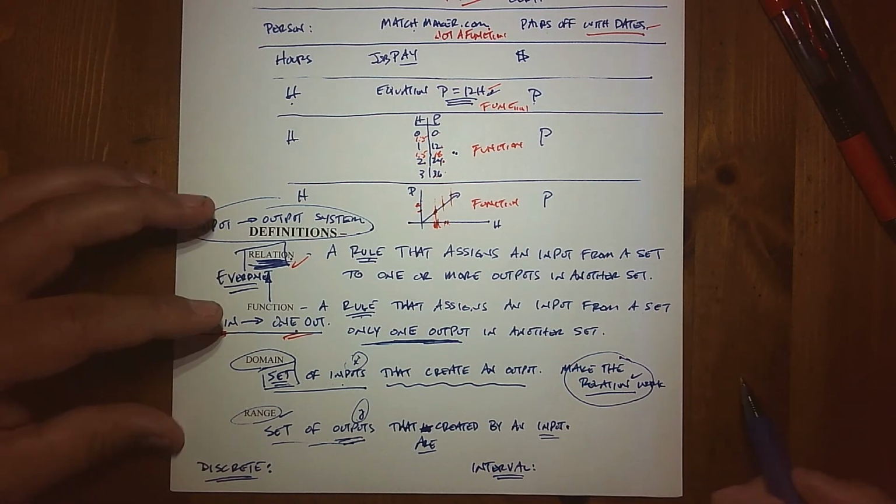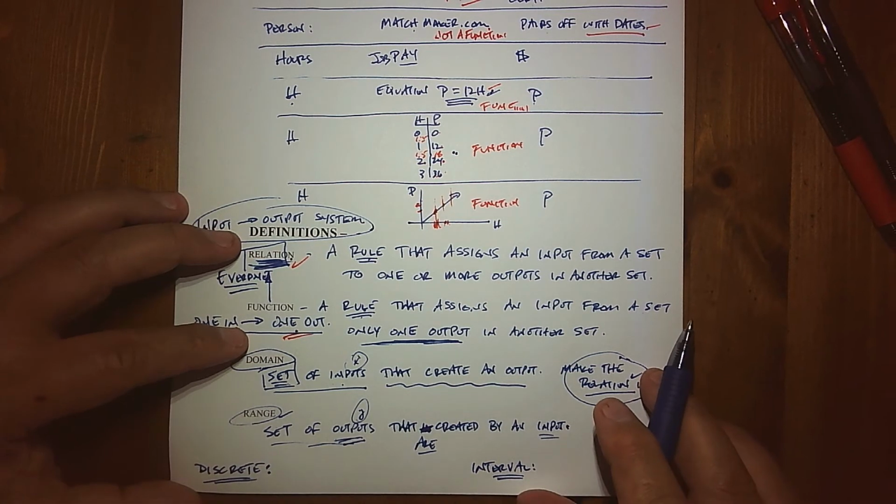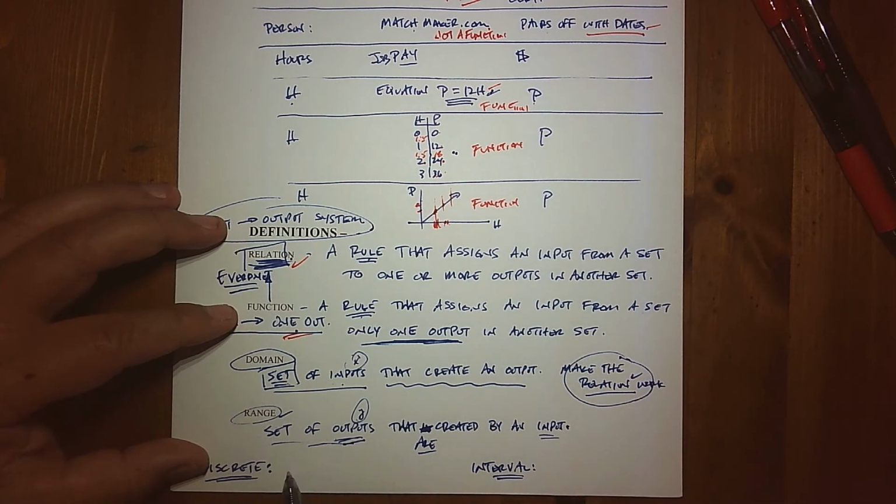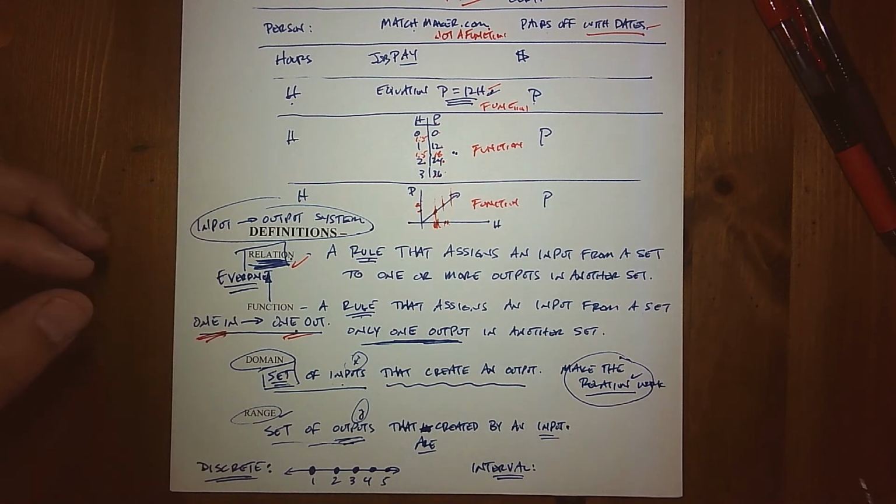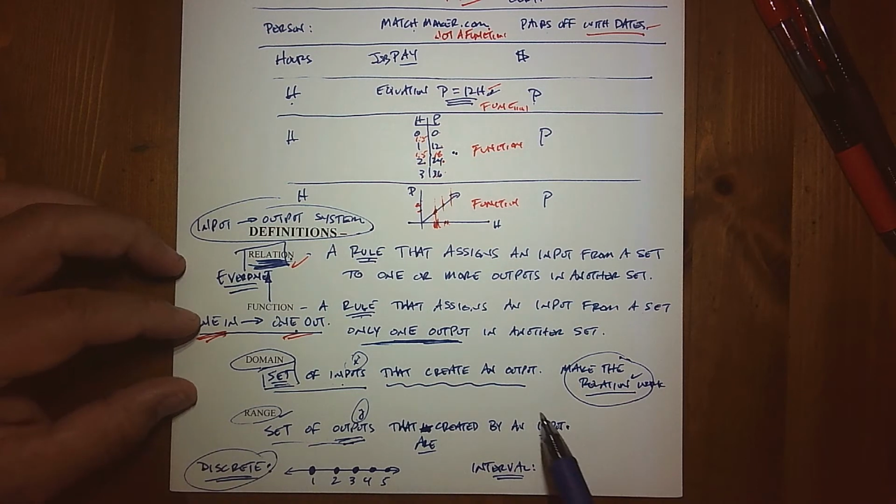And rather than getting really wordy, let me just go ahead and kind of just visualize them. Imagine us on a number line, right? When we're discrete, the values are distinct or individual from each other, right? So maybe we're looking at 1, 2, 3, 4, and 5, right? And so there's only 5 items in a discrete set.